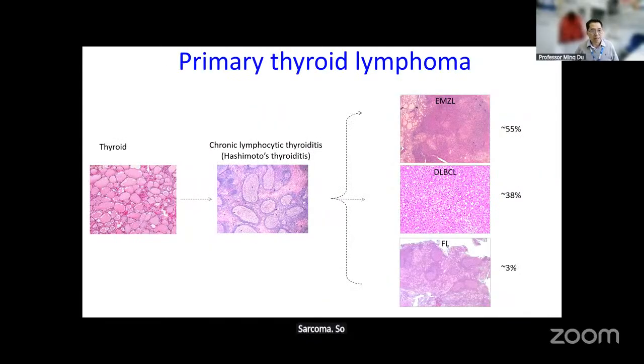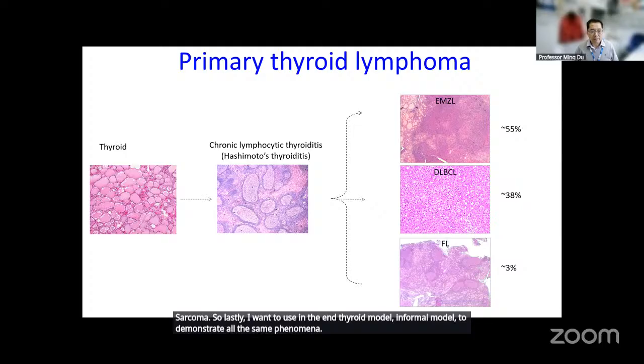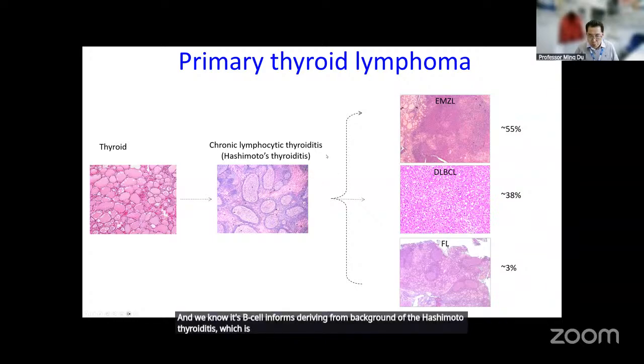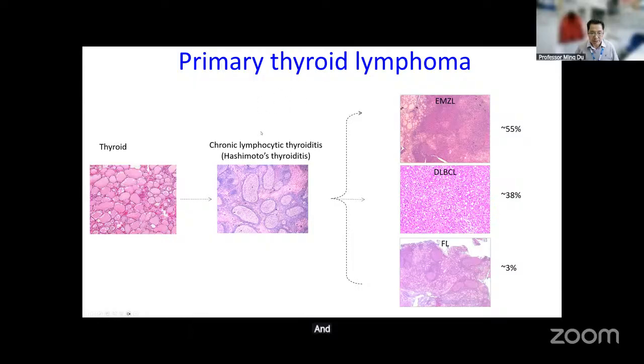So lastly, I want to use the thyroid MALT lymphoma model to demonstrate the same phenomena. In thyroid MALT lymphoma, we know these are B-cell lymphomas deriving from a background of Hashimoto thyroiditis, an autoimmune disease, and very often we will detect a clonal B-cell population in the Hashimoto thyroiditis.